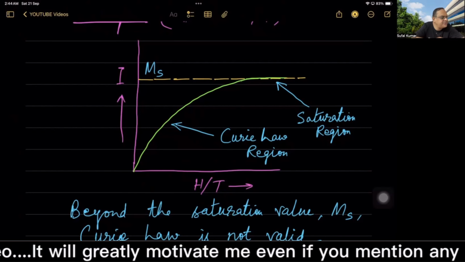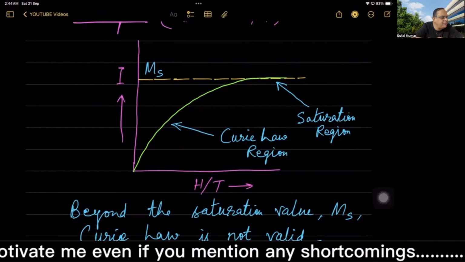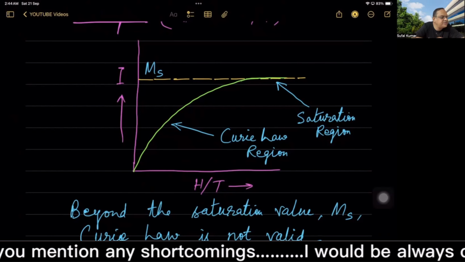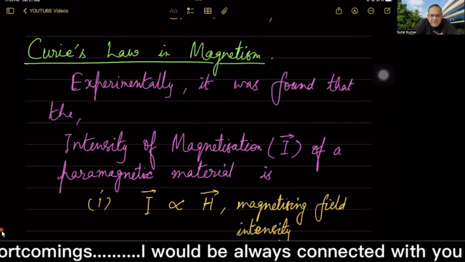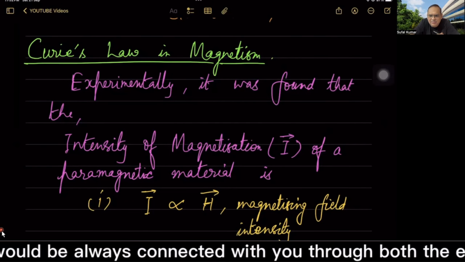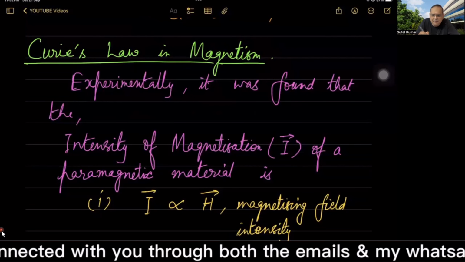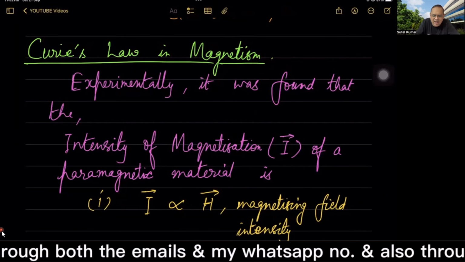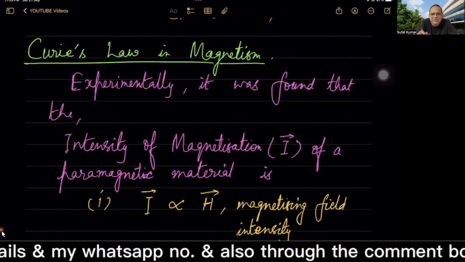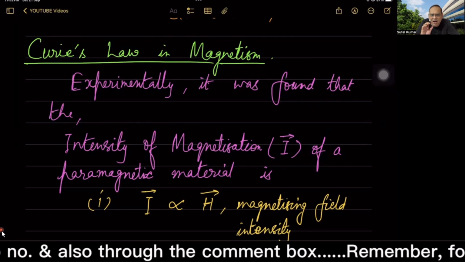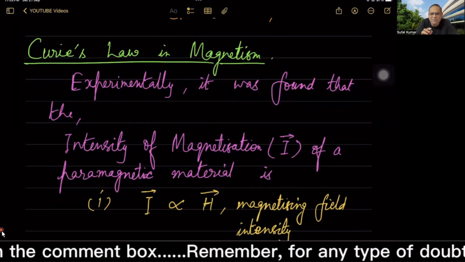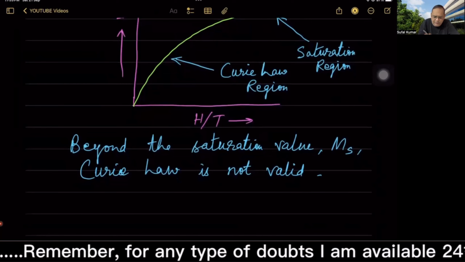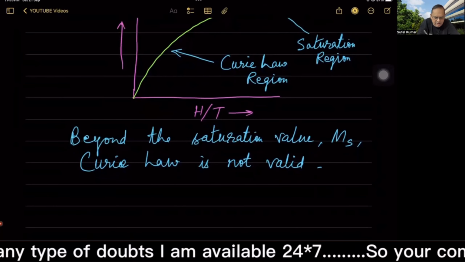Now here comes modified Curie's law for ferromagnetic substances. After discussing Curie's law in magnetism, which was for paramagnetic substance, now we are to discuss modified Curie's law for ferromagnetic substance. So let me first give the heading.